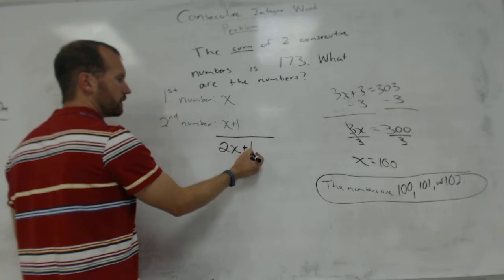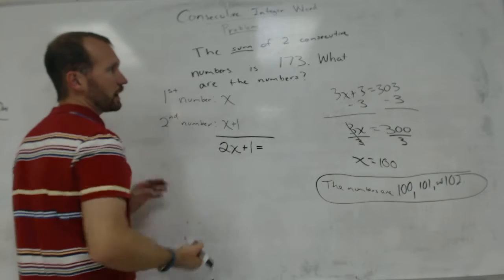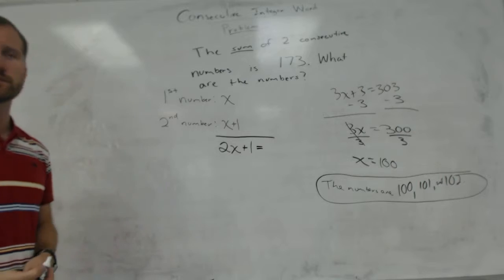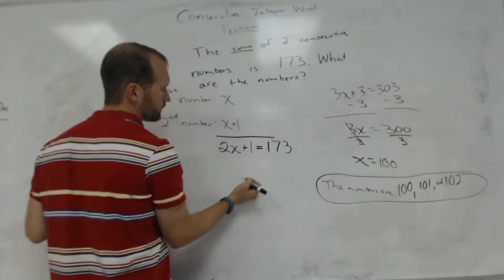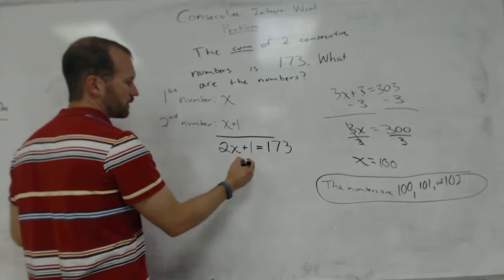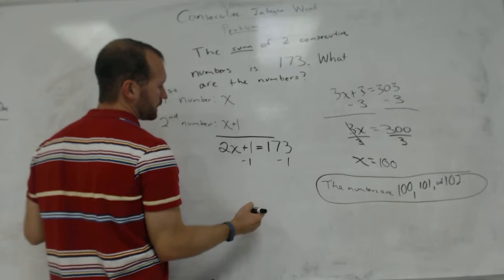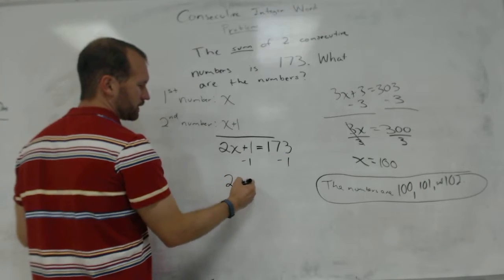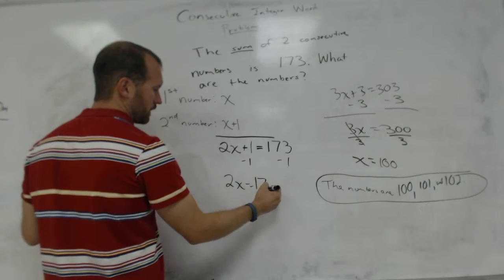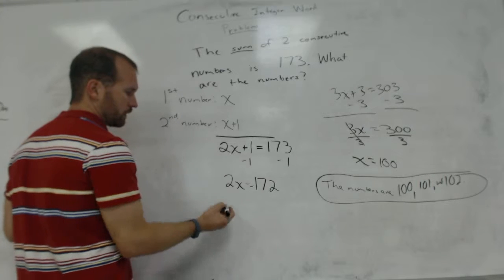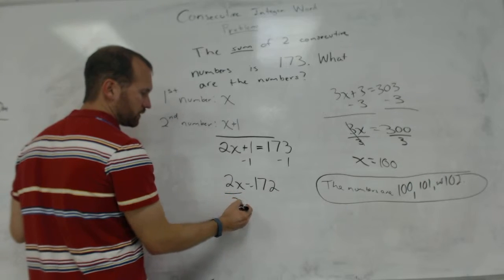Plus 1 equals what? 173. Yeah, it equals the sum, 173. Then you subtract 1 from both sides. So 2x equals 173 minus 1, which is 172. Then divide both sides by 2.